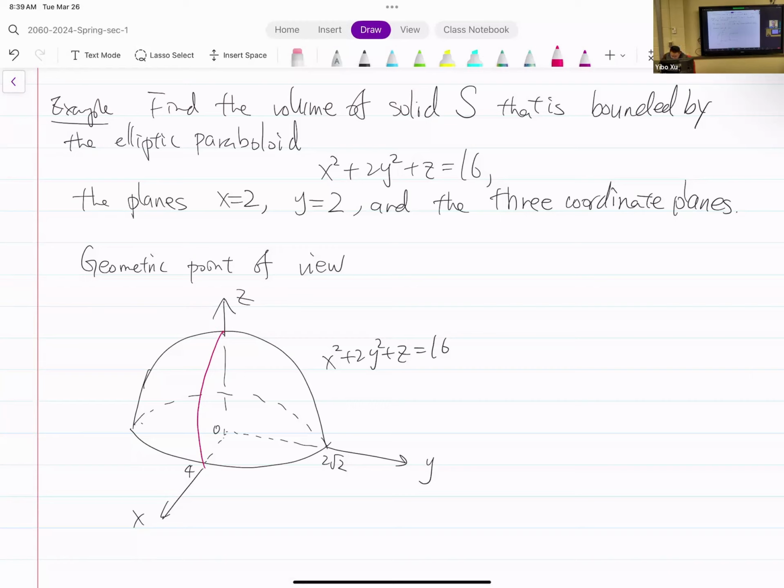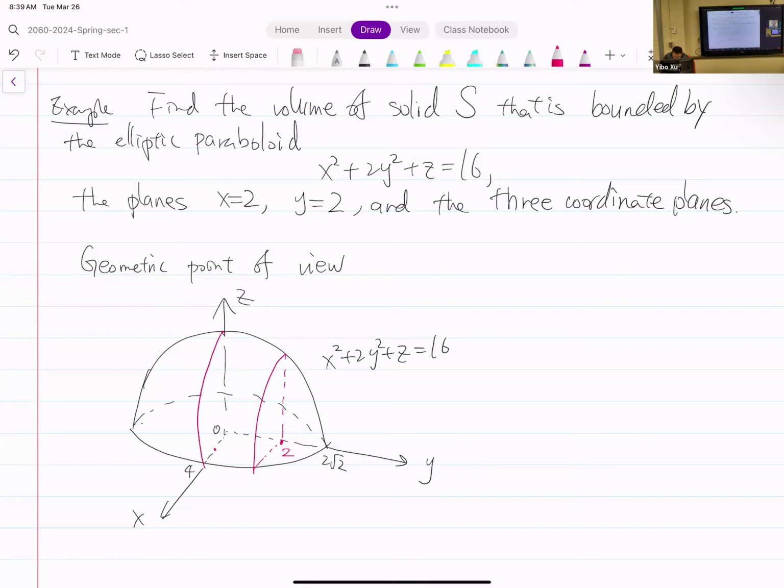And at the same time, we're cutting off here. y equal to 2 is somewhere just in the middle. So probably here. So it's cutting the right hand side. Okay, so this is y equal to 2. And then we have x is 2, so that's another vertical thing.